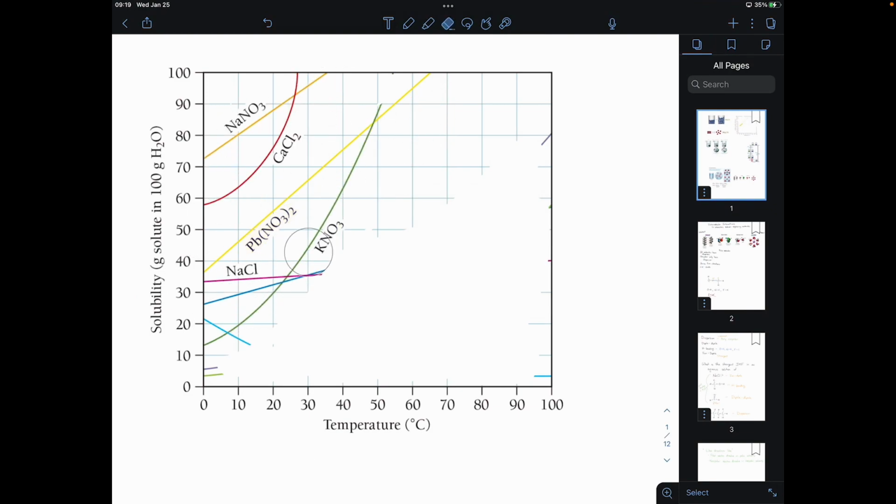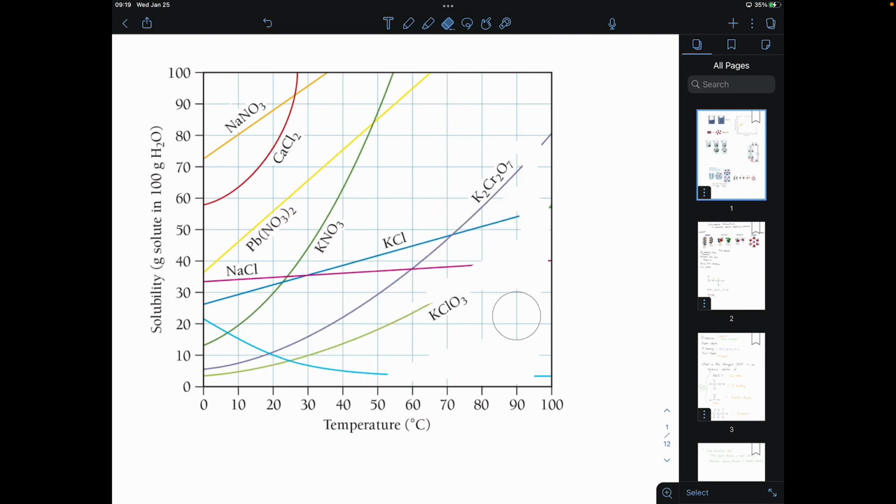We can see we got a bunch of them listed here. And so generally speaking, in all but one case here, the solubility of these compounds increases as the temperature increases. So generally speaking, the solubility of a solid will increase with increasing temperature.